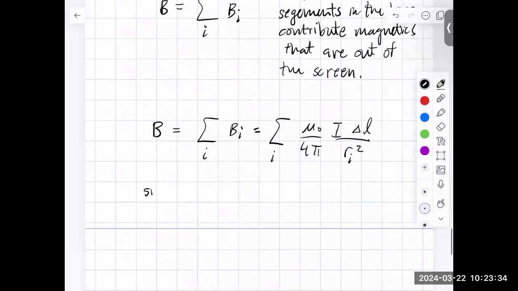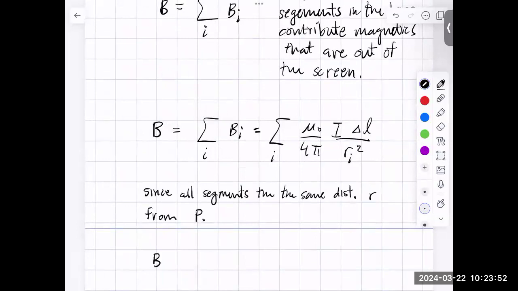So since all segments are the same distance r from P, we could say that the net magnetic field is the sum of mu naught over 4 pi I delta L over R squared.